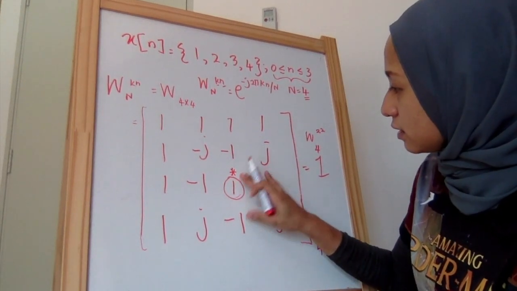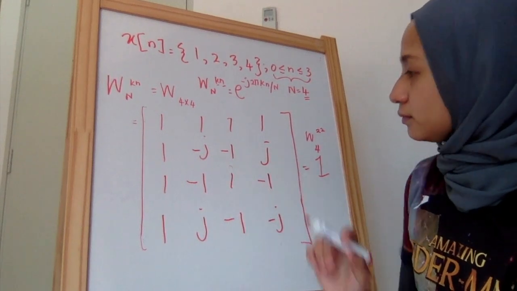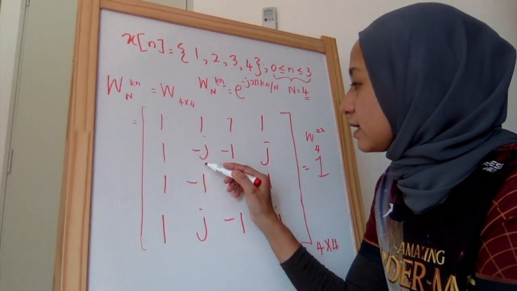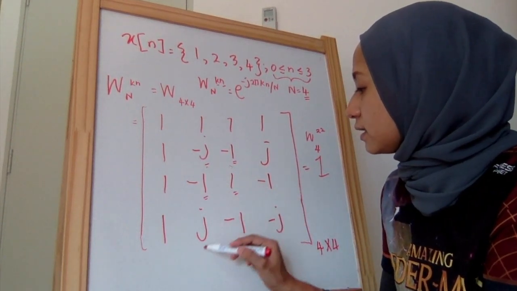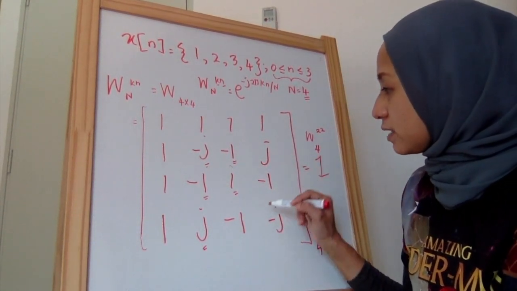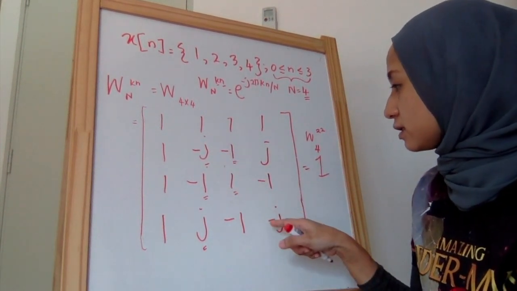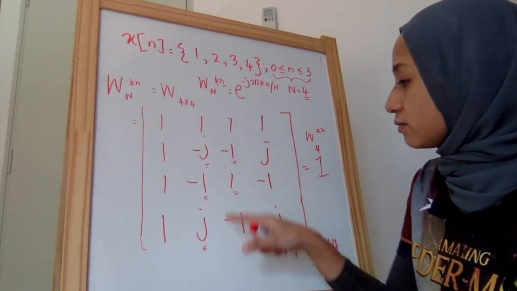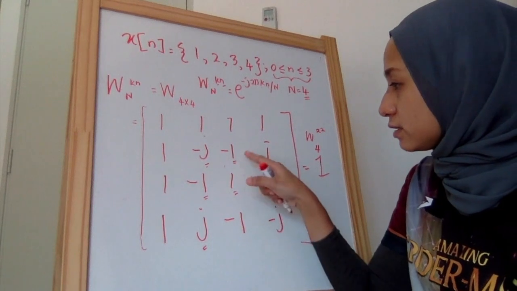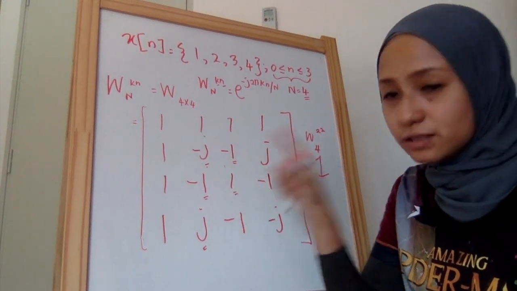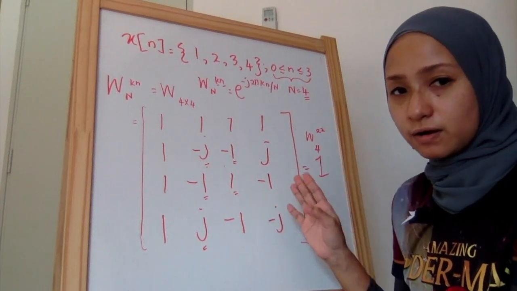So basically you just have to find what is this value, this one, this one, and this one. This value is actually the symmetrical value. So this value is symmetric with this one. This value you can get from this one. This value you can get from this one. This value you can get from this one. So basically you don't have to find all of them.